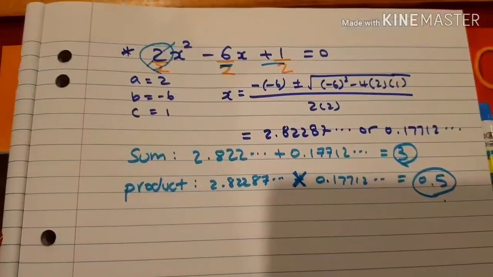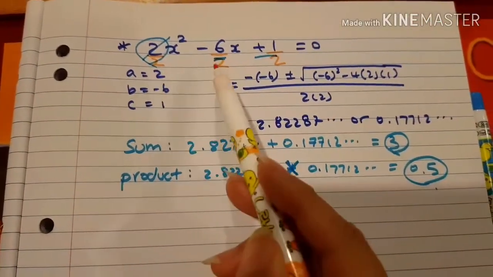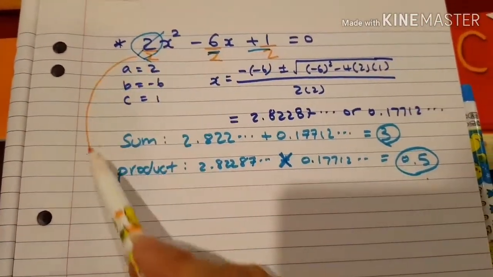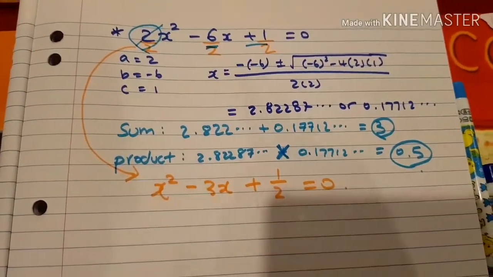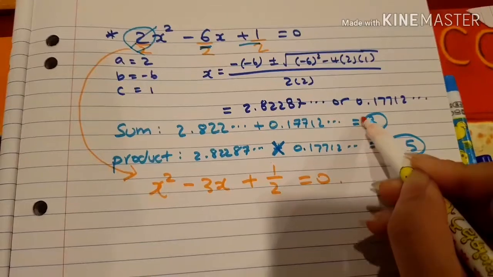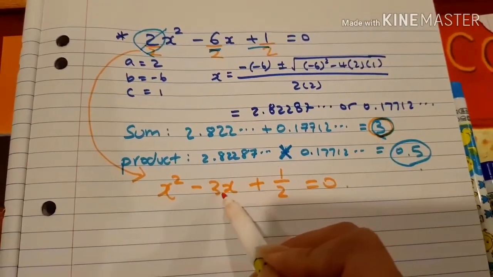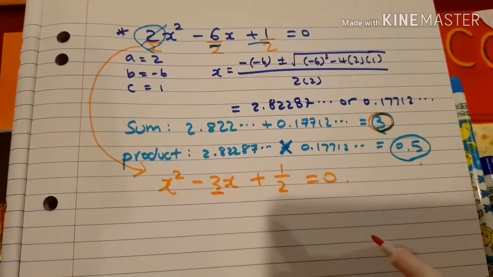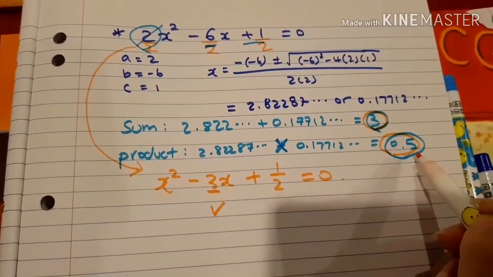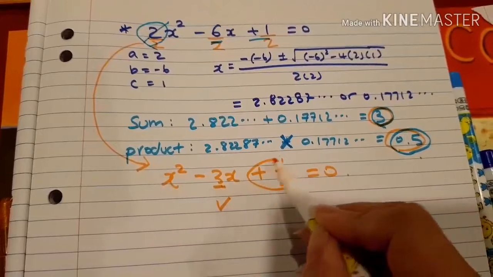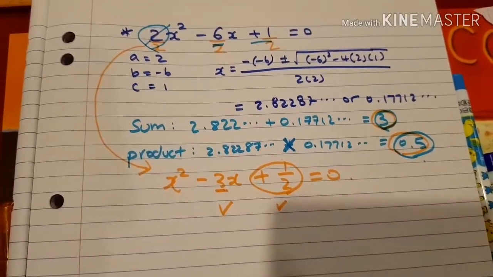If I divide it by 2 to each term, and make this equation like this, well, what do you see? Yep, this is the same. 3 is over here with the opposite sign, tick. 0.5, same number including the sign, it's over here, tick.